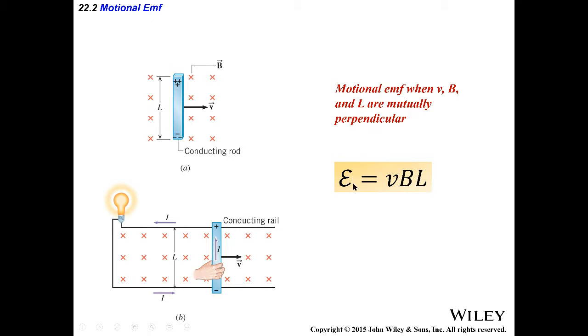It is EMF. And so most of us, at least for me, I would not want to confuse, and I'll call it script E. All right, are you okay with my fussiness? If you were to look up Wiley Plus and look at the book, everywhere it will have an ordinary capital E, as if it is electric field, or as if it is the energy E. But no, it is the electromotive, and the electromotive EMF induced is VBL.